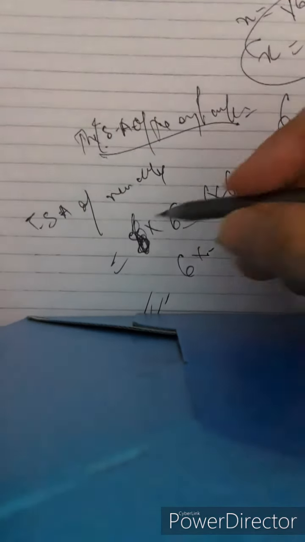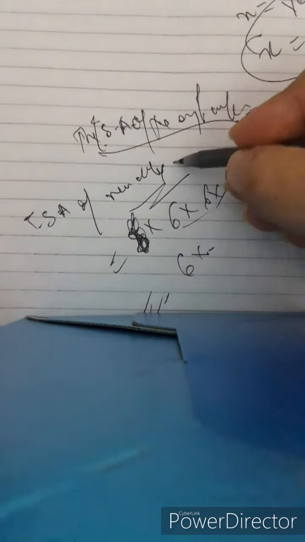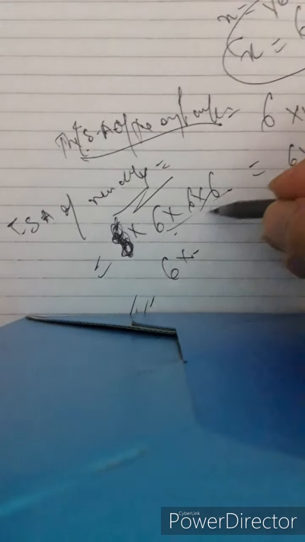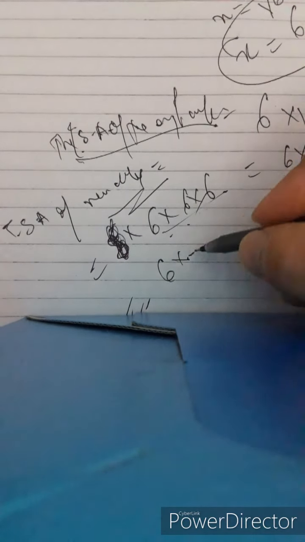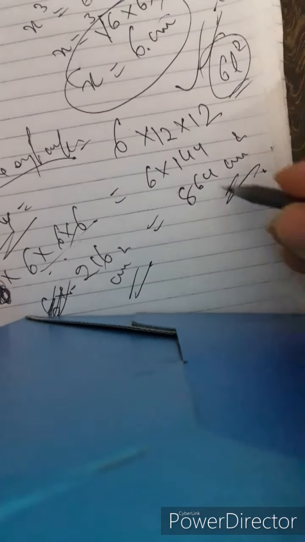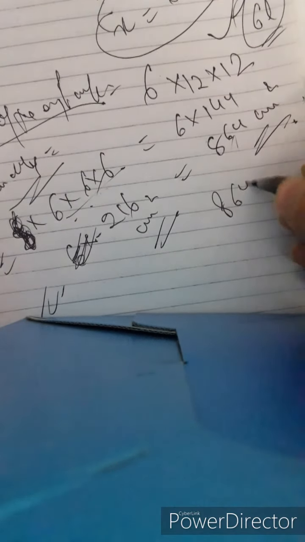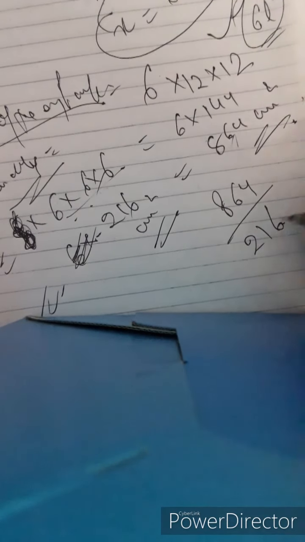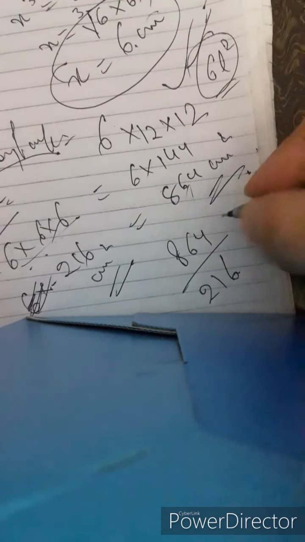So the surface area of new cube equals 6 into L square, that is 6 into 6 into 6 equals 216 centimeters square.